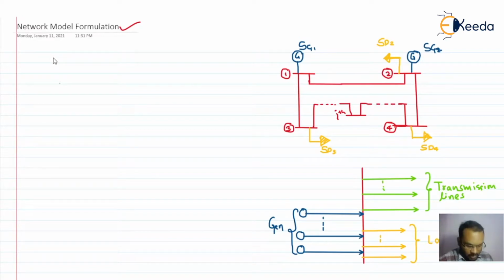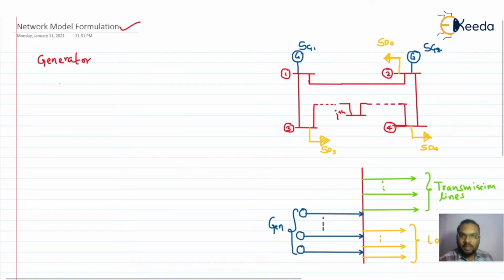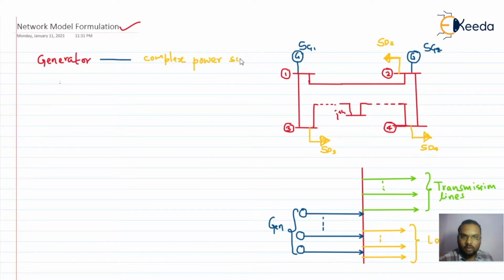So first, the very important element of the power system is a generator. I'll replace this generator with a complex power source.